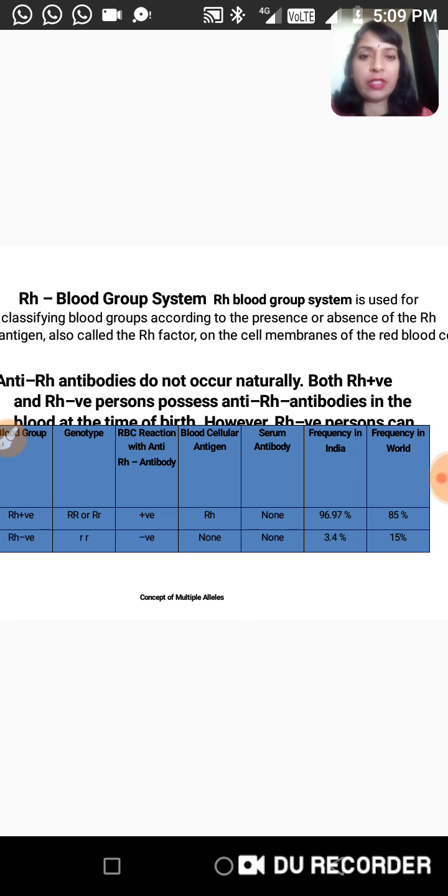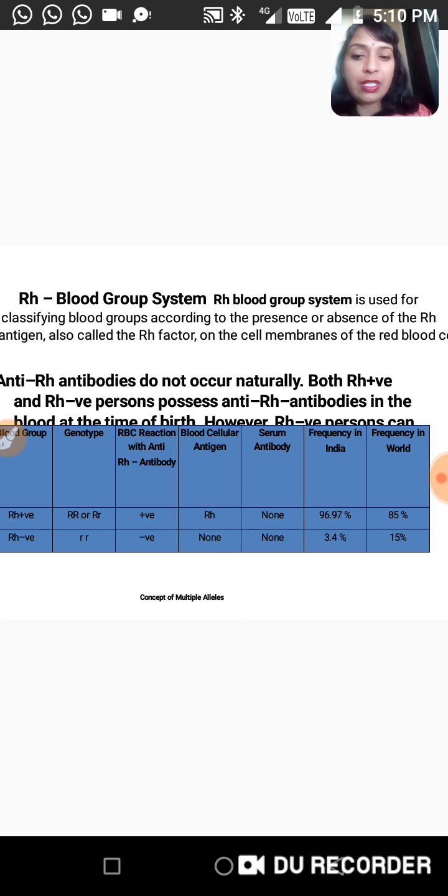Rh antibodies. Now, if Rh positive blood group is there, that means the genotype is RR or capital R small r, right? And it shows a positive reaction with the Rh antibodies. Maximum, near about 85% of the people are Rh positive.